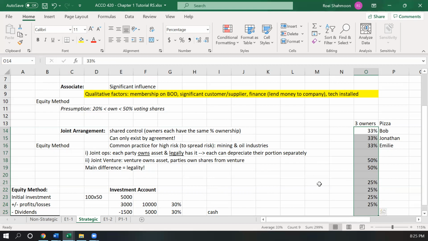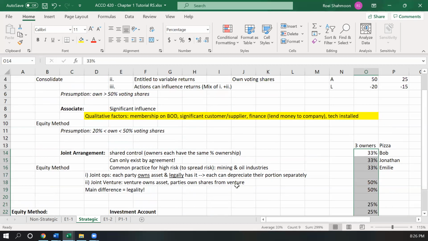You can even have 10% times 10 partners, right? This kind of scenario can only really exist by agreement. We need to sign some sort of document, some legal form to tell the government, hey, we are a partnership. This is a joint arrangement.